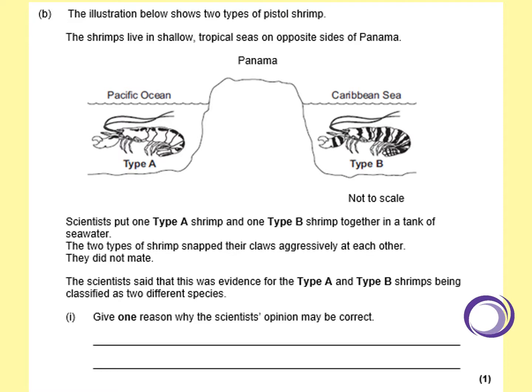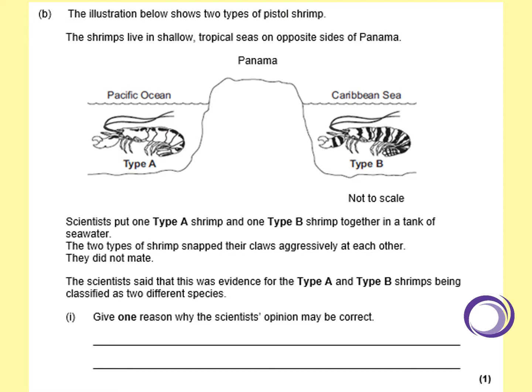Scientists put one type A shrimp and one type B shrimp together in a tank of seawater. The two types of shrimp snapped their claws aggressively at each other and did not mate. The scientists said this was evidence for type A and B shrimps being classed as two different species. Give one reason why the scientist's opinion may be correct.